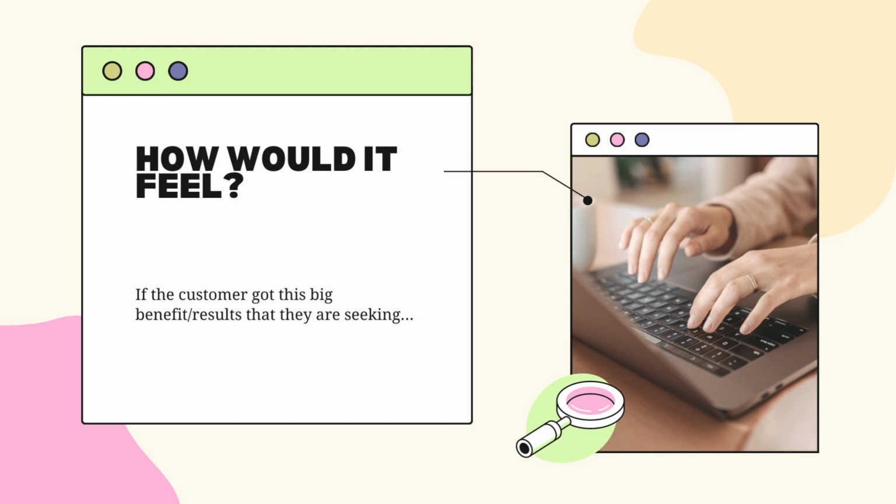I like to start it with something along the lines of, how would it feel if you got X, Y, and Z results, you got the confidence to ask for a raise, or you lost that final 5 kilos and got a revenge body, or whatever it is that you're selling. You want to paint the picture of, yes, I want this transformation. I need to fix this issue that I'm having.